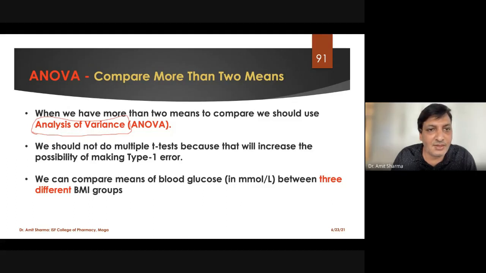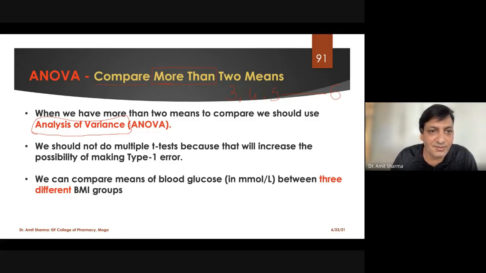As I have written on the top, we use ANOVA mainly to compare more than two means, whenever we have 3, 4, 5 or 6 different categories to compare. For example, we have 5 or 6 different drugs, and we want to know which drug is better as compared to all 5 or all 6. So you can compare by using this particular test.